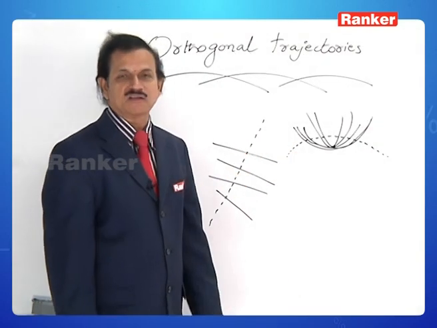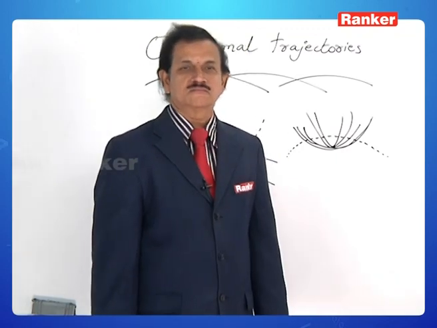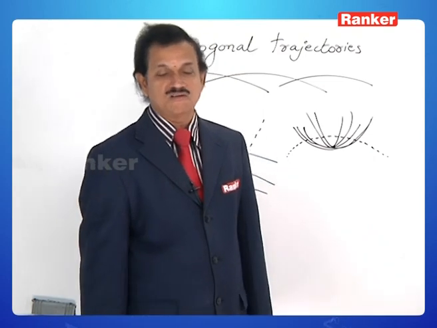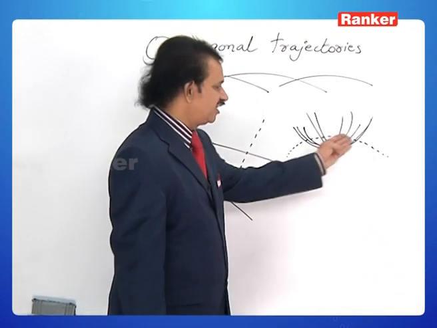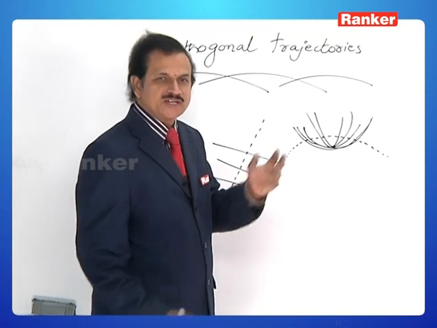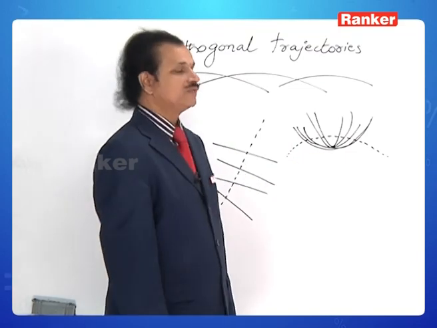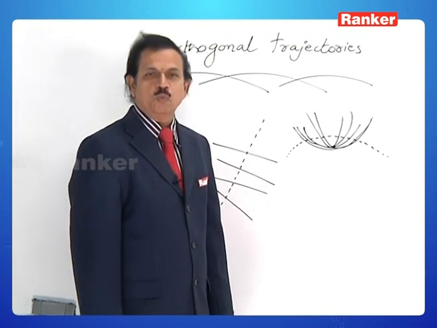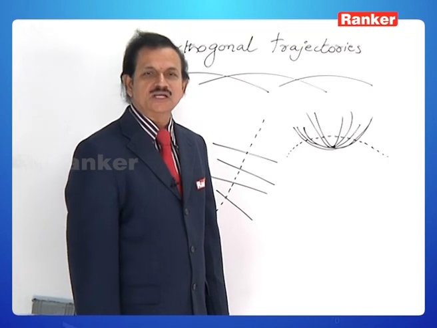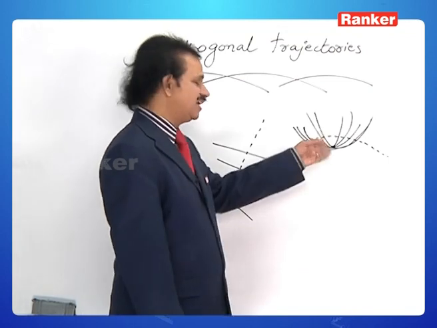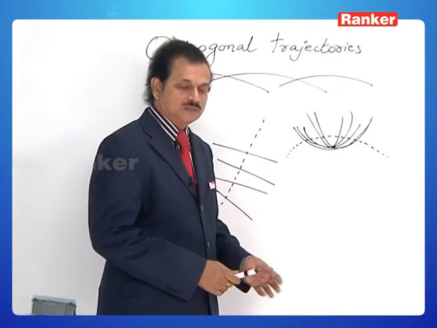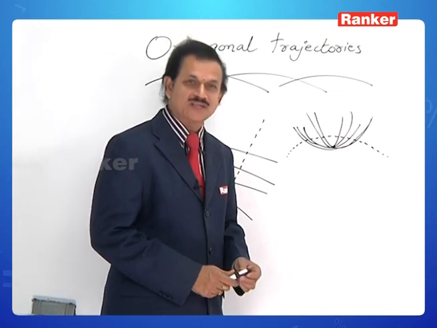It will be according to the context: either passing through a fixed point, or touching some fixed curve, or cutting each and every curve orthogonally, like that. So, what is a trajectory? A curve which intersects or cuts each and every member of a given family of curves by following a fixed condition is called a trajectory.